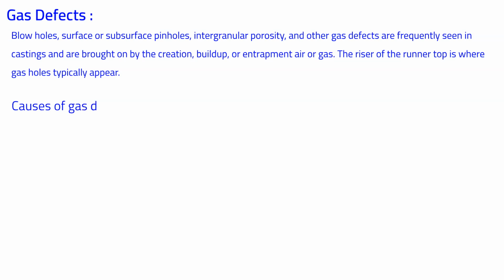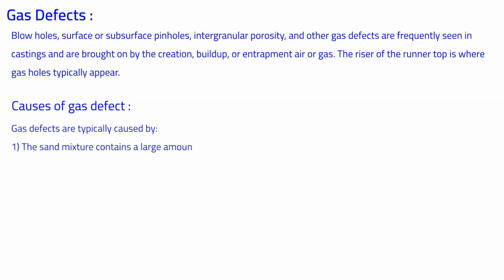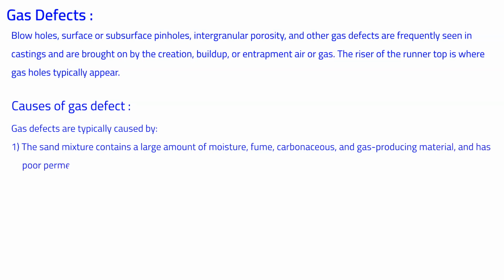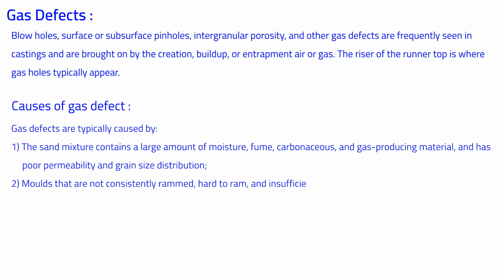Causes of gas defects. Gas defects are typically caused by a sand mixture that contains a large amount of moisture, fume, carbonaceous, and gas-producing material, and has poor permeability and grain size distribution. Molds that are not consistently rammed, hard to ram, and insufficiently ventilated.